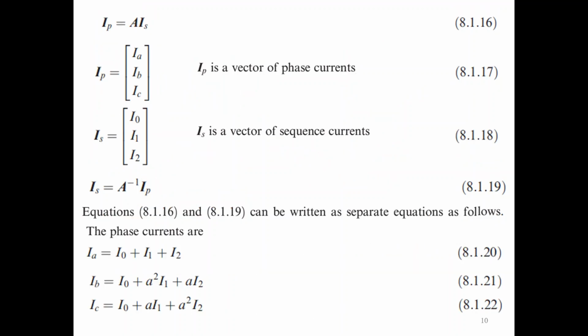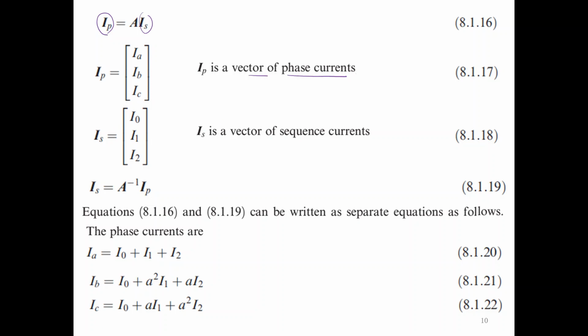Now you could also apply the transformation not only to voltage but also to current. The phase current and the sequence current can be expressed in the same fashion. IP stands for the vector of phase current, IA, IB, and IC.